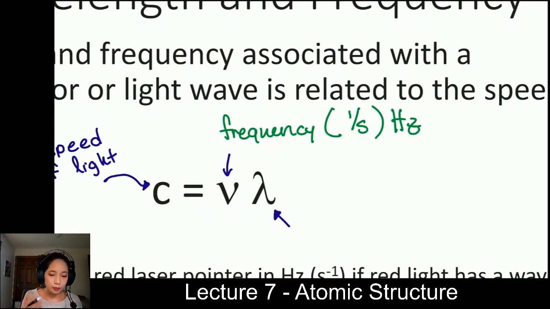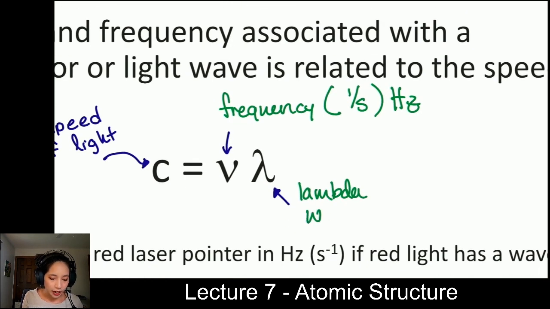It's measured in per second, or hertz. And then here I have another Greek letter. This is lambda. This is our wavelength. And this wavelength is measured in some type of distance, so in meters, or sometimes, if we're talking about really small wavelengths, in nanometers or micrometers.